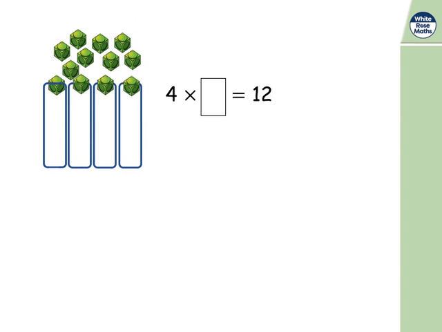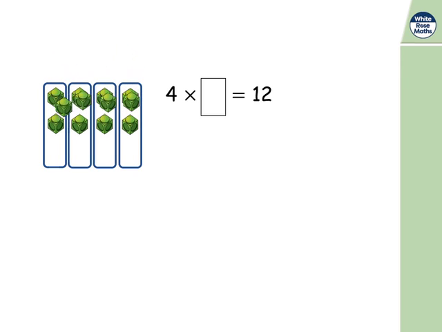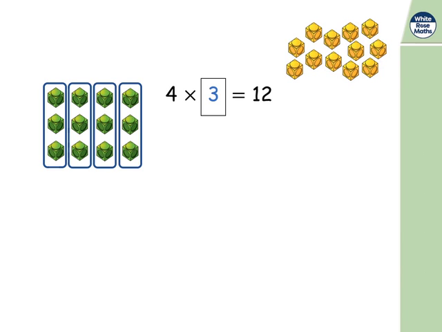And then I'll put 1 cube in each group, 2 cubes in each group, 3 cubes in each group. So now I've got 4 groups with 3 cubes in each. 4 groups of 3 is equal to 12. Brilliant, I've done it.